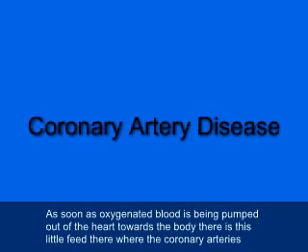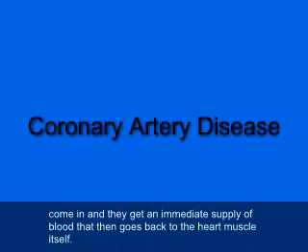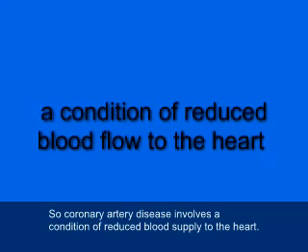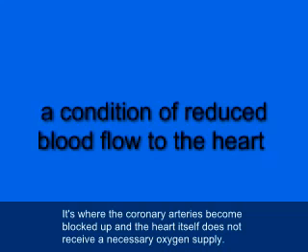So as soon as oxygenated blood is being pumped out of the heart towards the body, there's this little feed there where the coronary arteries come in, and they get an immediate supply of blood that then goes back to the heart muscle itself. So coronary artery disease involves a condition of reduced blood supply to the heart. It's where the coronary arteries become blocked up and the heart itself does not receive necessary oxygen supply.